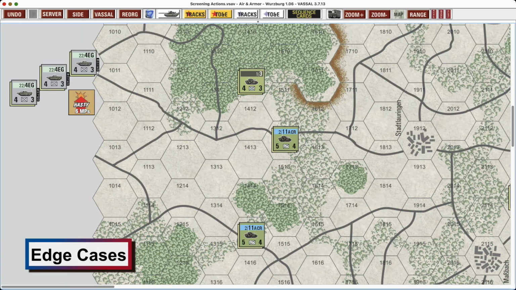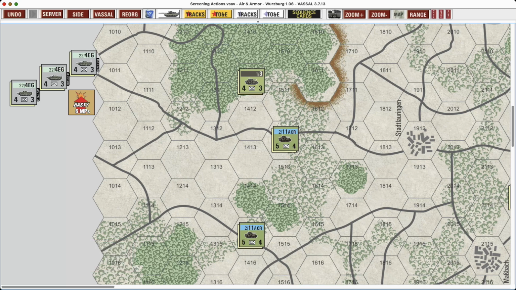Let's look at a number of edge cases. In this example, the 22nd East German Motor Rifle Regiment is executing its planned hasty attack, and the Warsaw Pact player names as his objective hex this Bradley unit here. So he enters his first unit, 1, 2, 3.